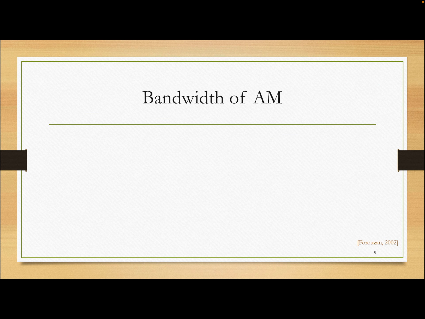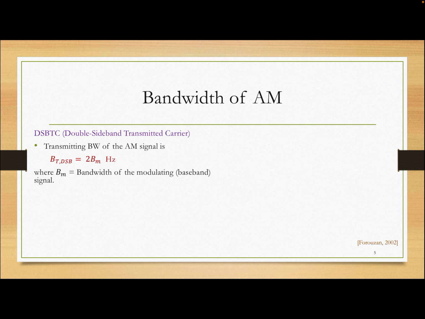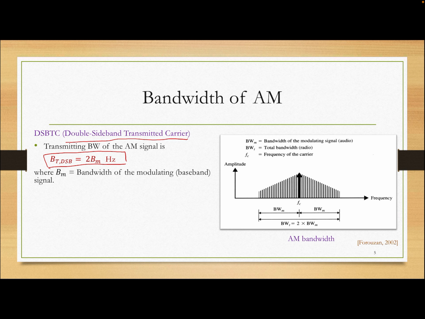Now let's look at the bandwidth of AM. We have discussed this before. It's the same as the ASK, PSK, and QAM bandwidth. The common name for the AM signal that we talk about is double sideband transmitted carrier. The transmitted bandwidth of the AM signal would be 2 times the baseband bandwidth.